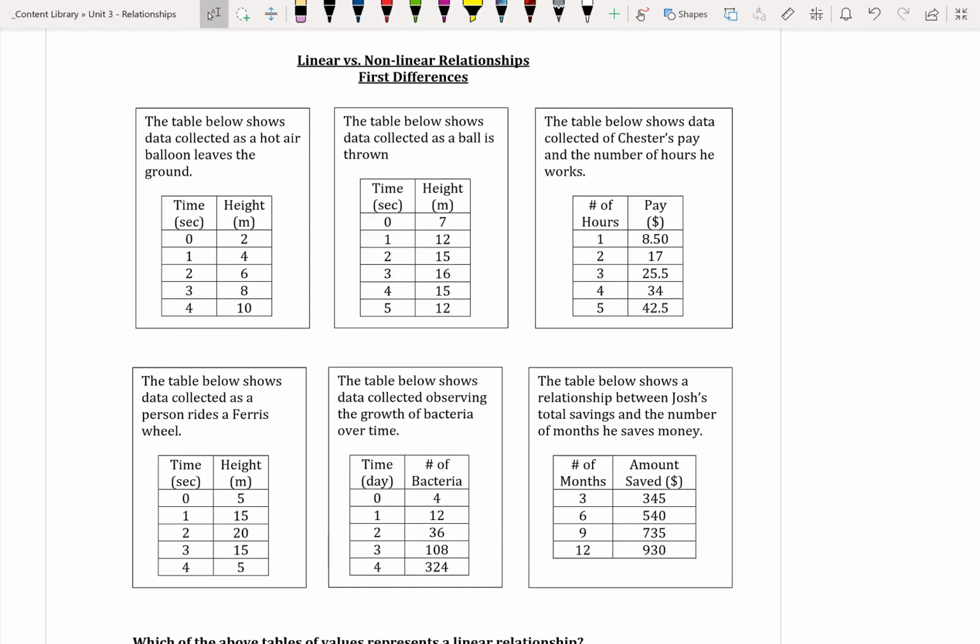So, looking at all of them, what we should find is that the first one looking at the hot air balloon is linear. The second one about a ball being thrown is nonlinear. The one regarding Chester's pay is linear.